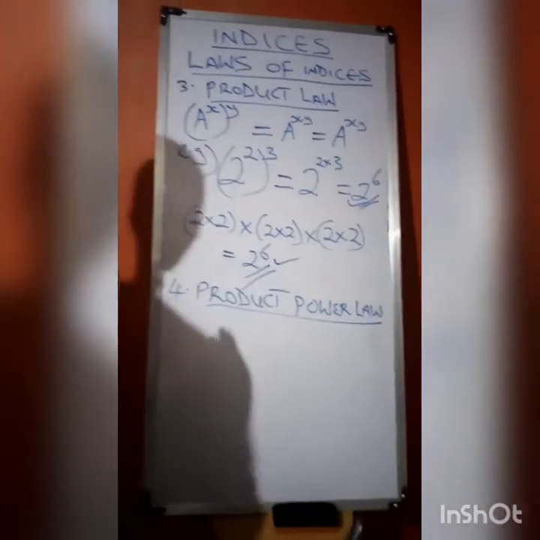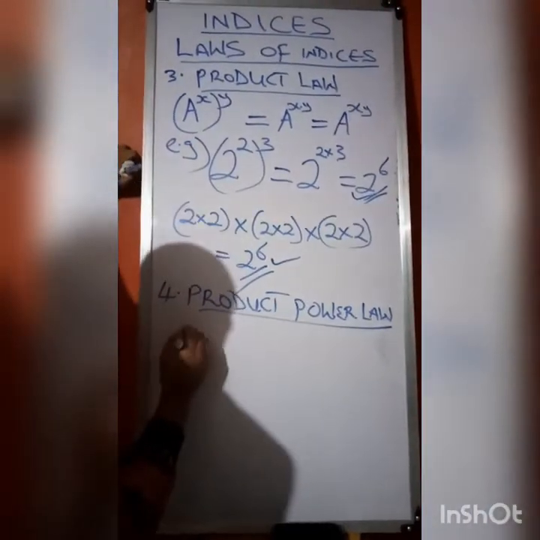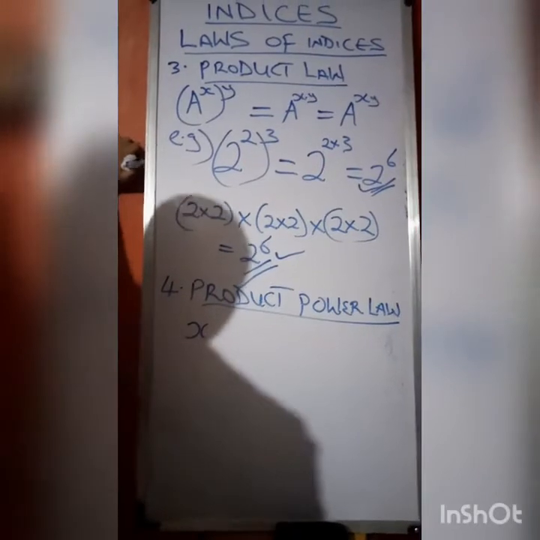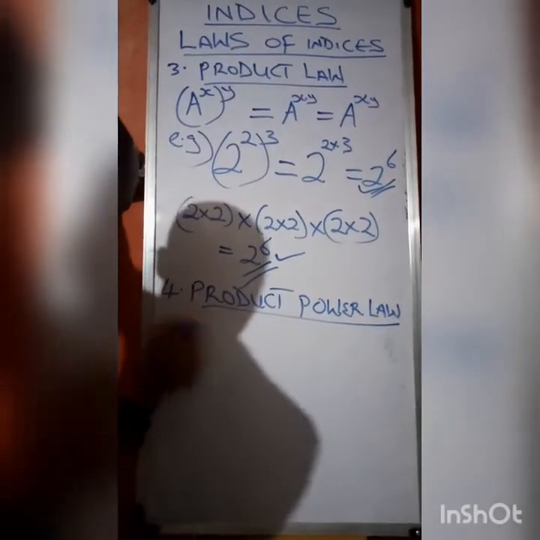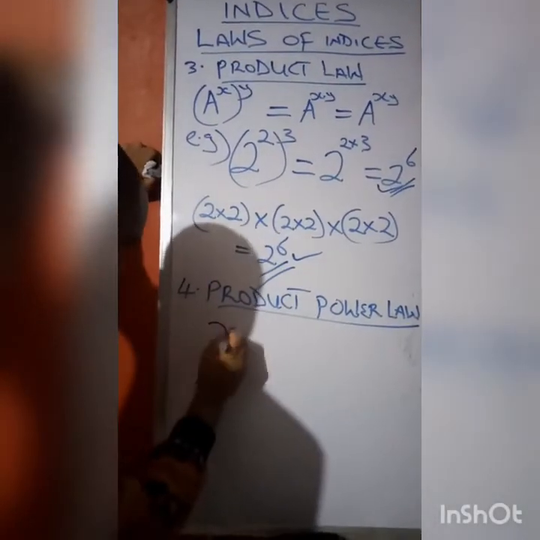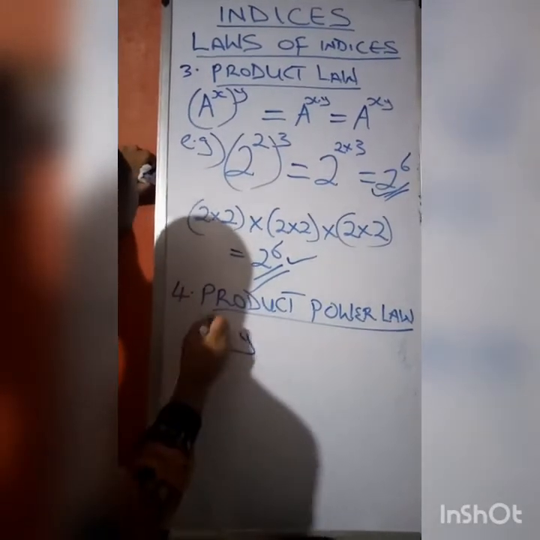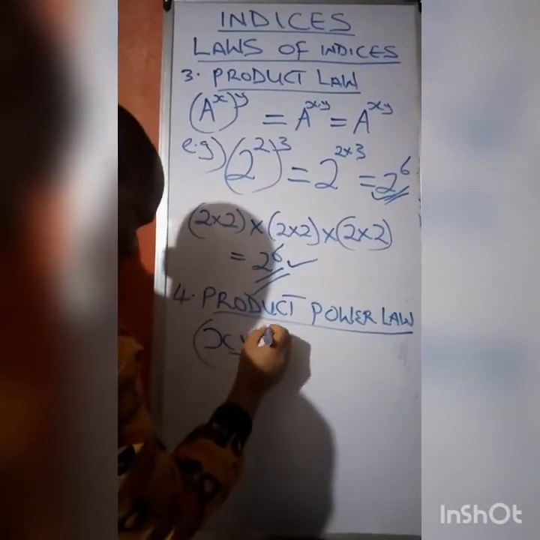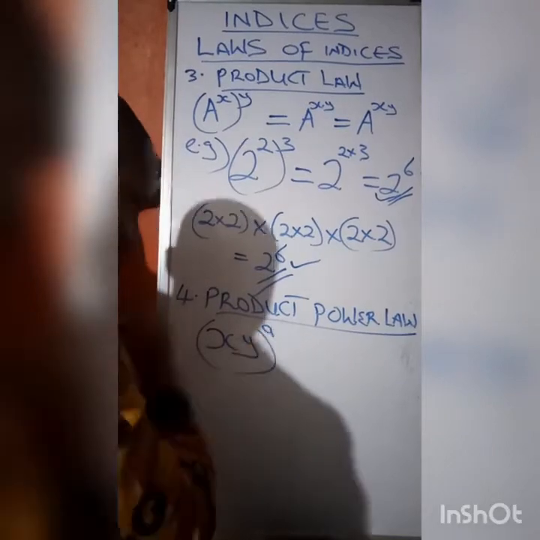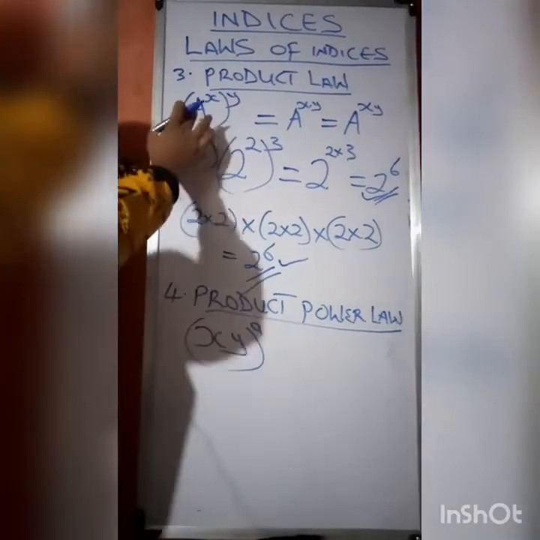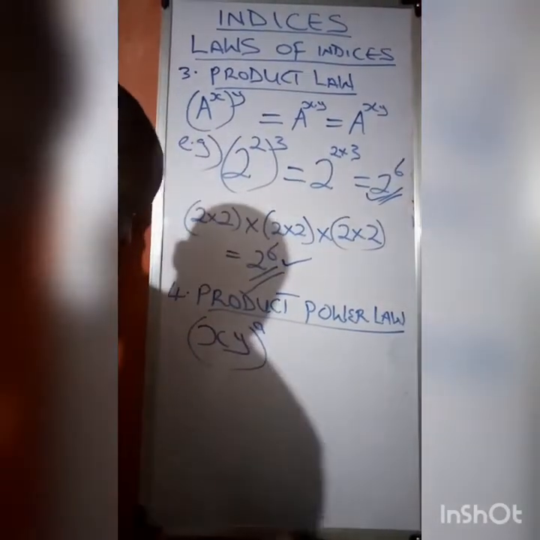Now for the product power law, I'm having two items, x, y, raised to a certain index, let's say a. Okay, let me be consistent and use my a inside the bracket.